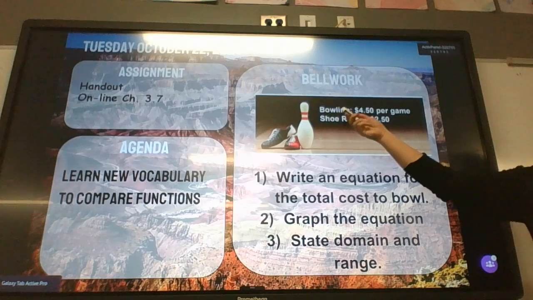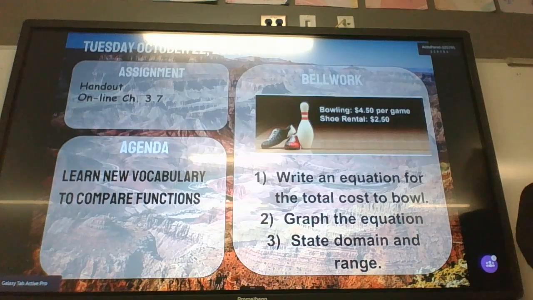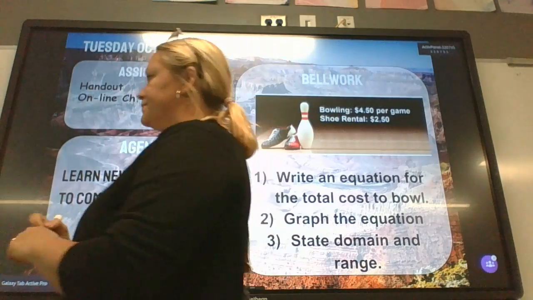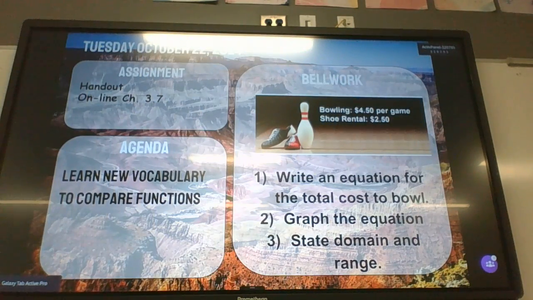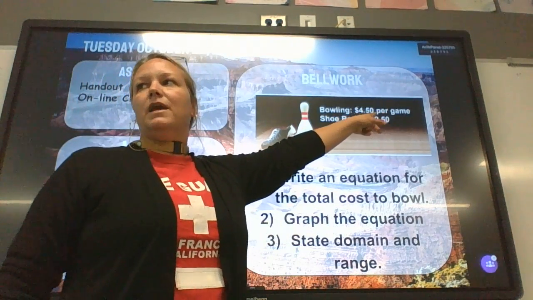Bowling is going to cost you $4.50 every single game you play. If you were going to make a table to figure out how much bowling costs, you would plug one in for X to figure out what one game is, two to figure out two games, three to figure out three games. You would be multiplying this number times the number of games.